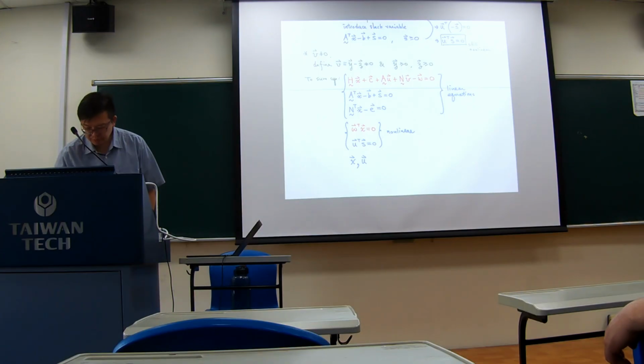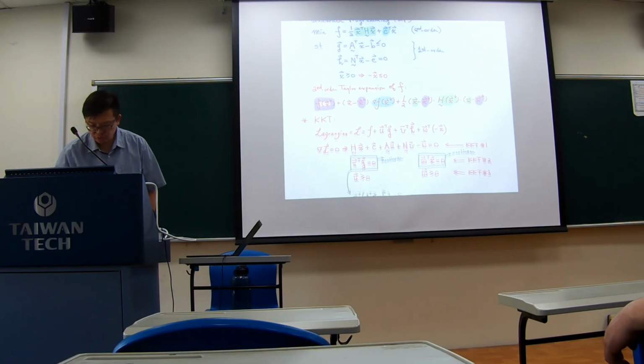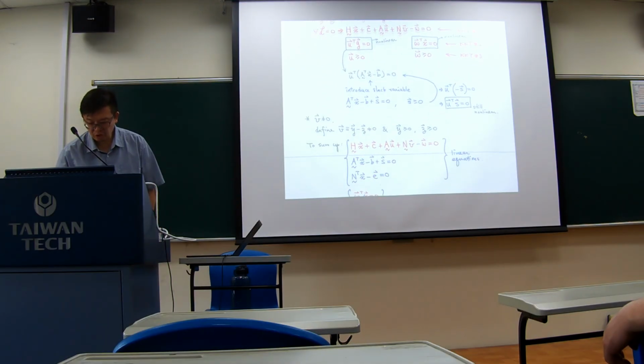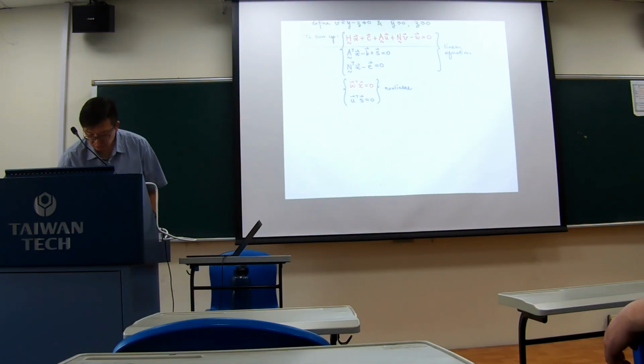Let me show you a little bit here, with some color. x positive, right? So we have positive or zero variables.